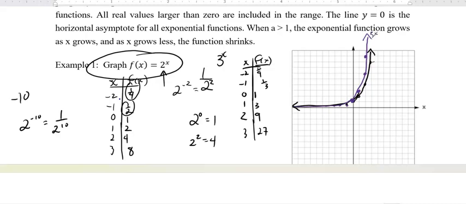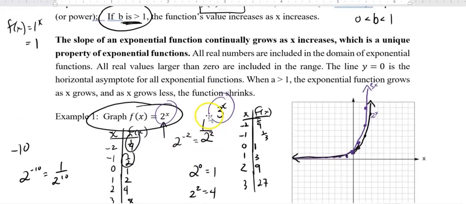So that's 3 to the x, and that's 2 to the x. You can see they have similar properties, right? They're increasing. They have the intercept (0, 1). And if you change the base, they don't differ in their properties that much. They're just going to grow a little bit faster.